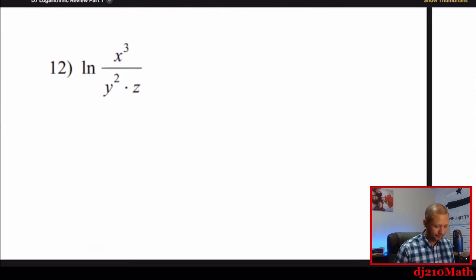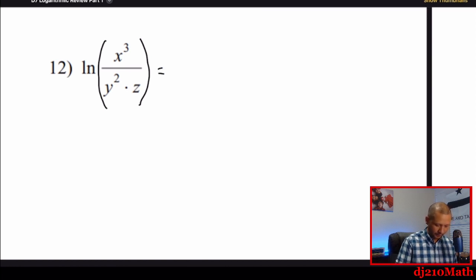Okay, number 12. Know that the parentheses are implied. So natural log of all of this. So we have a couple compound things happening. We can do it step by step. I think the division part is what I would do first.